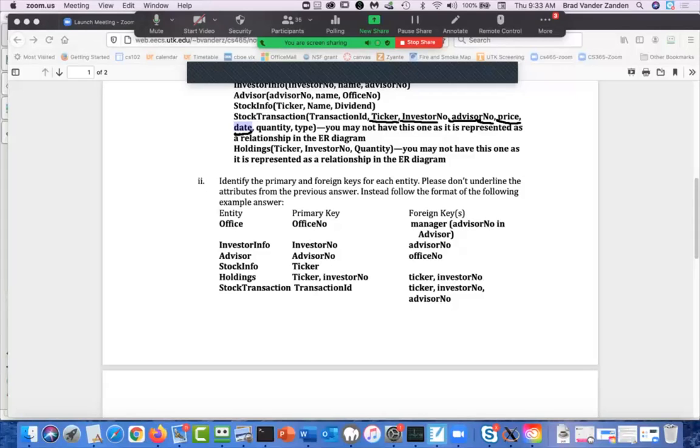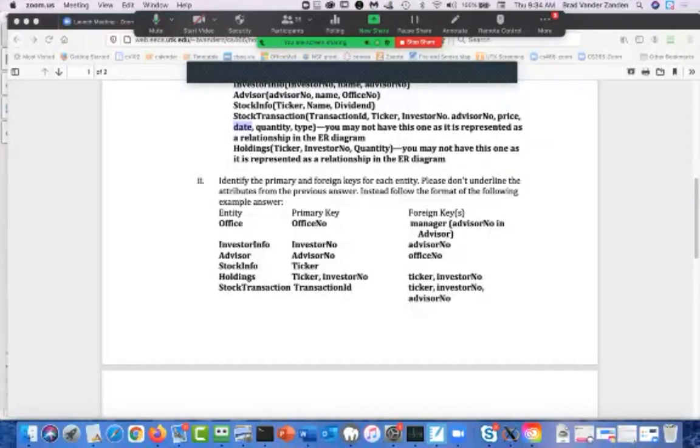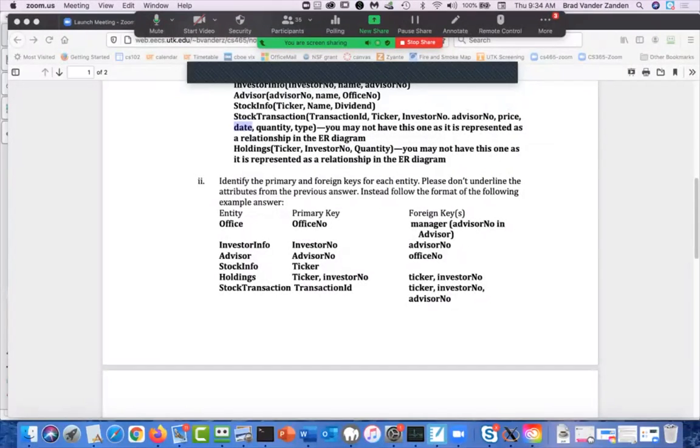So the best thing to do is to add a transaction ID, because it is the only way I can guarantee uniqueness. As I said, even if I include all attributes in the primary key, the transaction still, for bad luck, may not be unique.